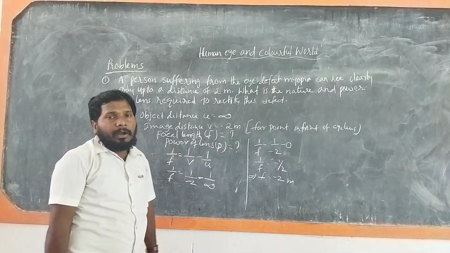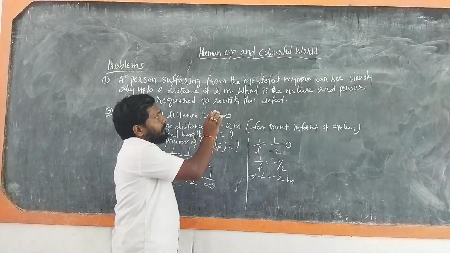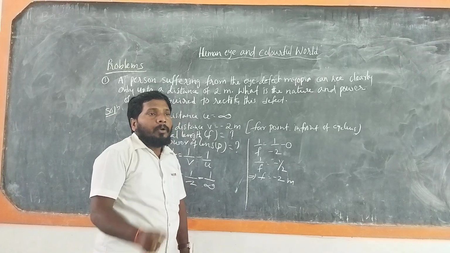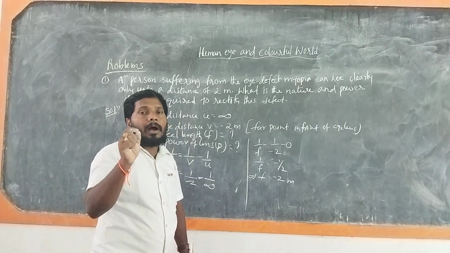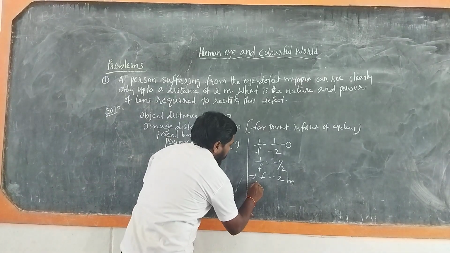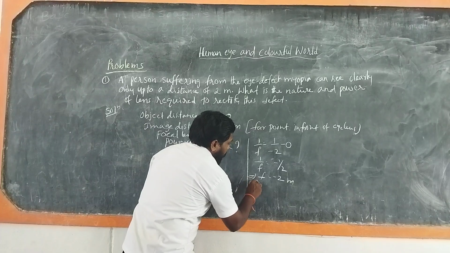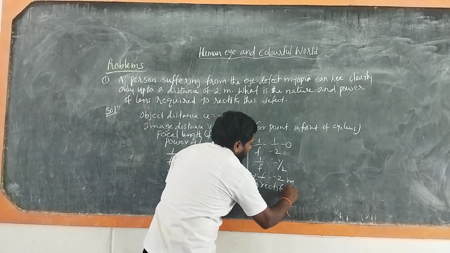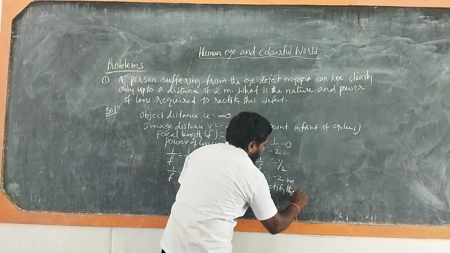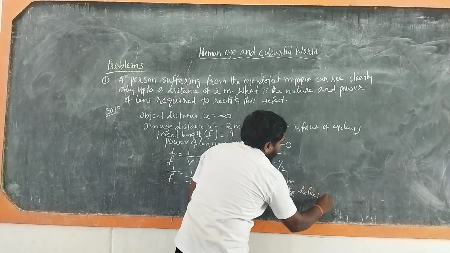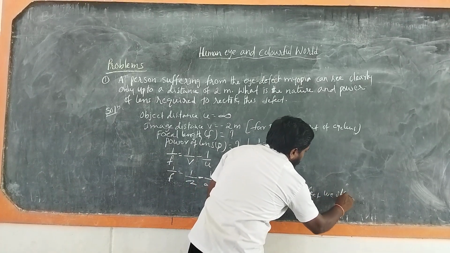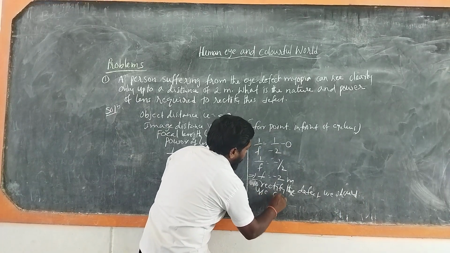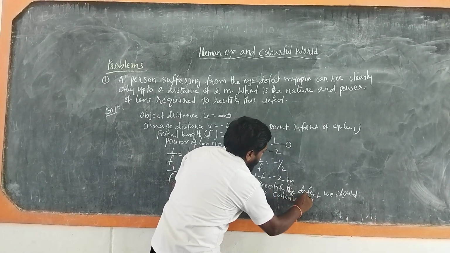As we know, to rectify the defect of vision myopia, we have to use concave lens. So to rectify the defect, we should use concave lens.